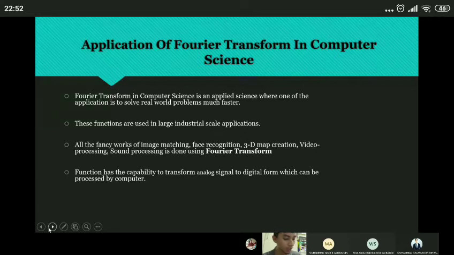For example, it's like a mobile phone. Now a mobile phone can recognize the user's face by face scanner or else by sound. For example, on iPhone we have Siri, which we can talk or ask to, then Siri will respond to our question. The fourth one is the function has the capability to transform analog signals to digital form, which can be processed by computer.